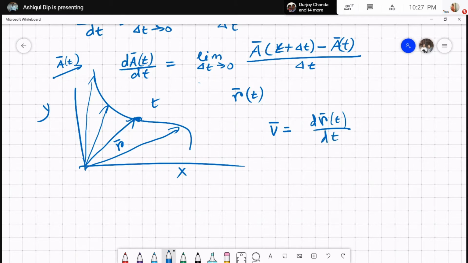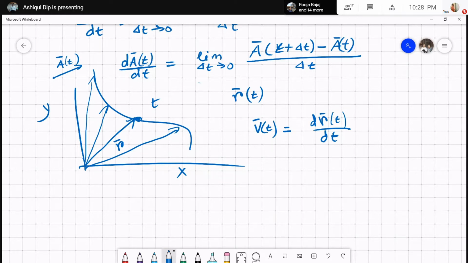The first order derivative of the position vector of a particle is the velocity of that particle at that time. So this is going to be a function of time as well. This whole thing is going to be a function of time as well. So you have to write it more explicitly, like v as a function of t, right?